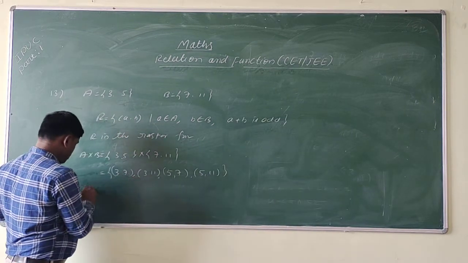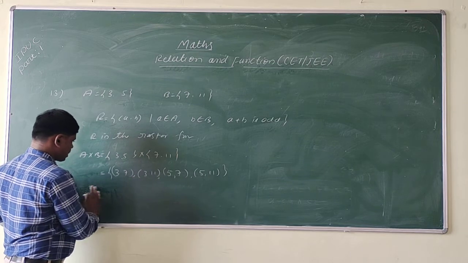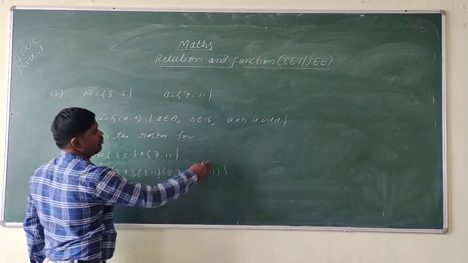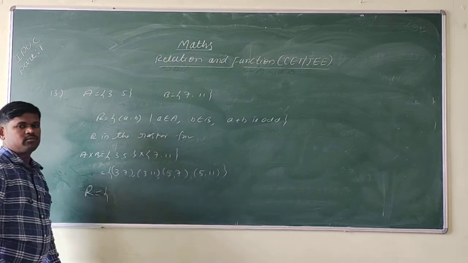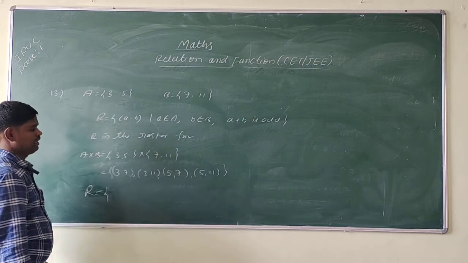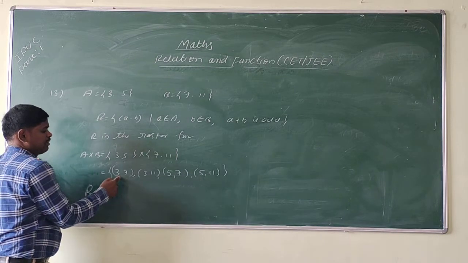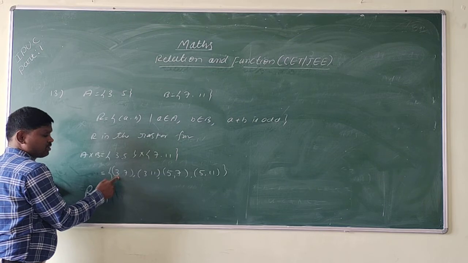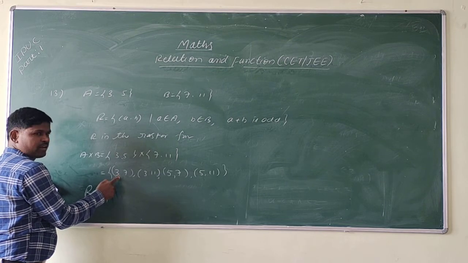So which of the ordered pairs belong to the relation R? In relation R, a plus b is an odd number, the sum of the two numbers becomes an odd number. So for (3, 7), 3 plus 7 is 10, which is not an odd number.